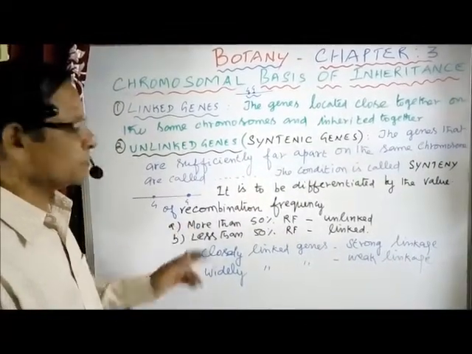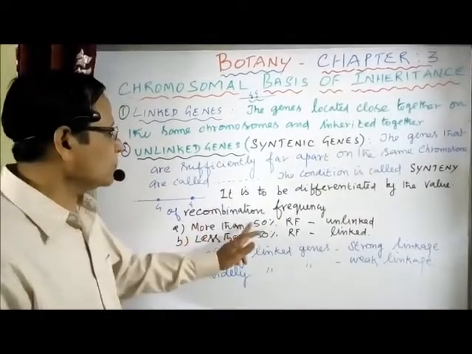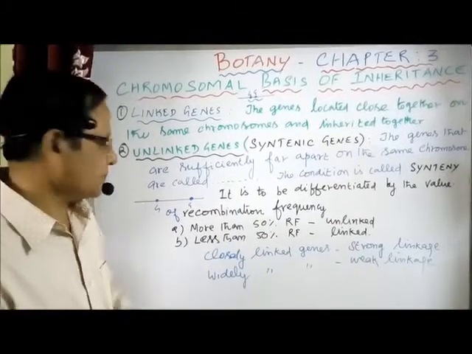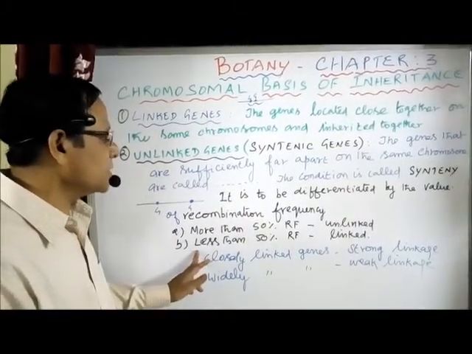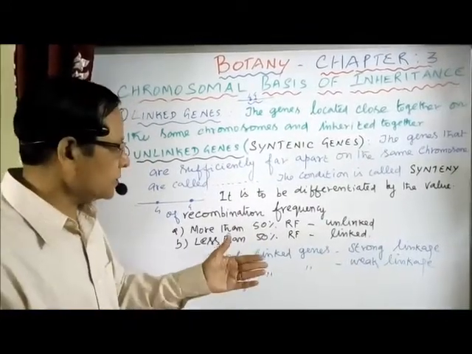If the recombination frequency value between the two genes is more than 50%, the two genes are unlinked. If the recombination frequency is less than 50%, then the genes are linked.